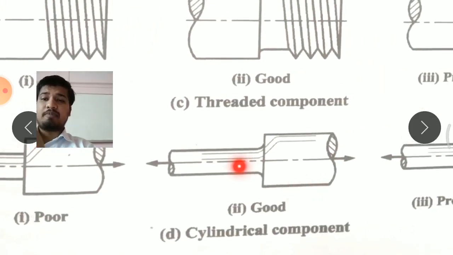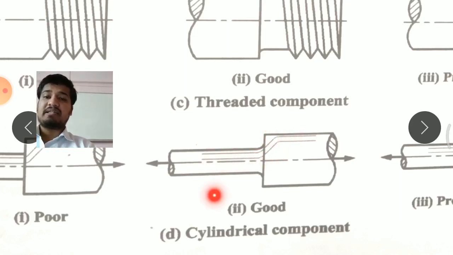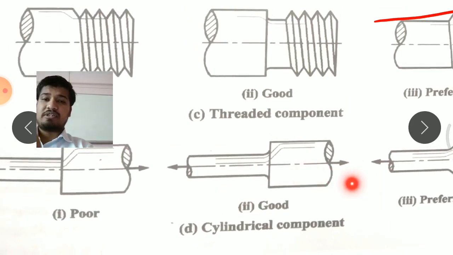In the second example, you can see that one filleted section is there, and due to that filleted section, the stress concentration line is not going to change suddenly at this area. It is a smooth one because of the filleted section, and this is a good option for stress concentration.